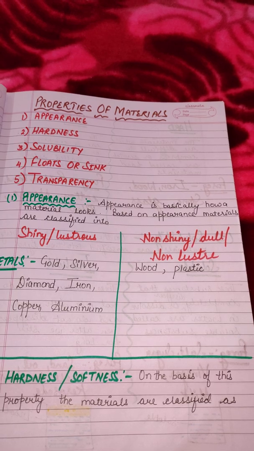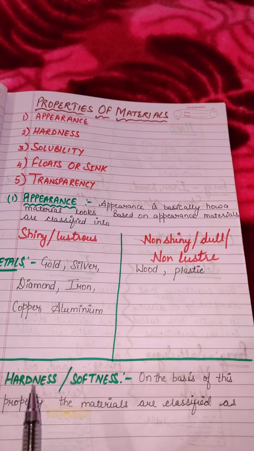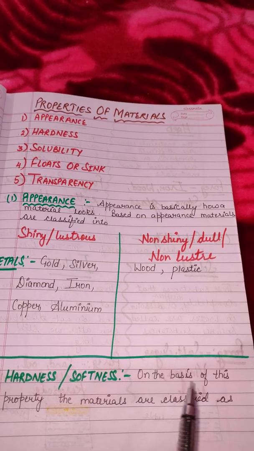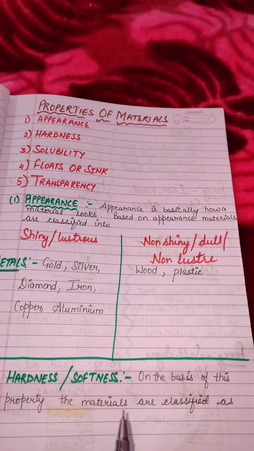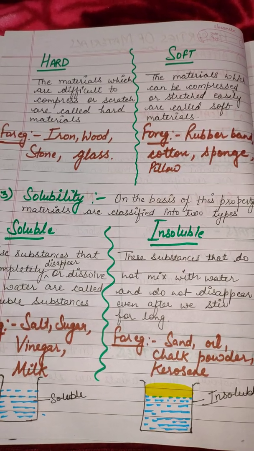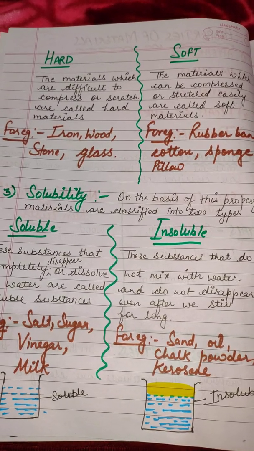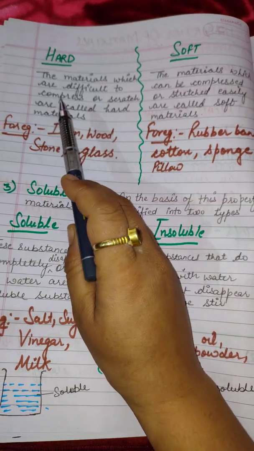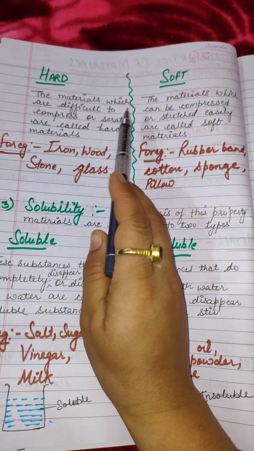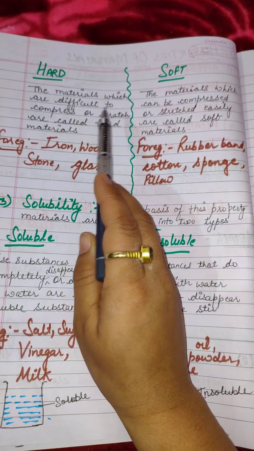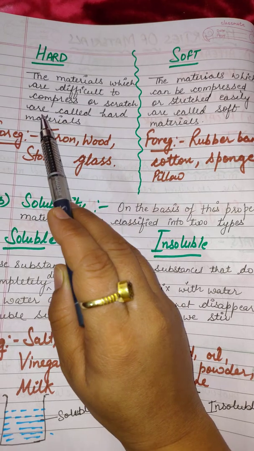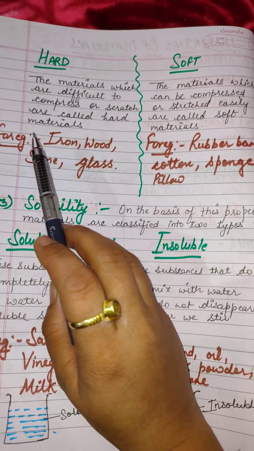So the next property is hardness or softness. On the basis of this property, materials are hard materials or soft materials. The materials which are difficult to compress or scratch are called hard materials.